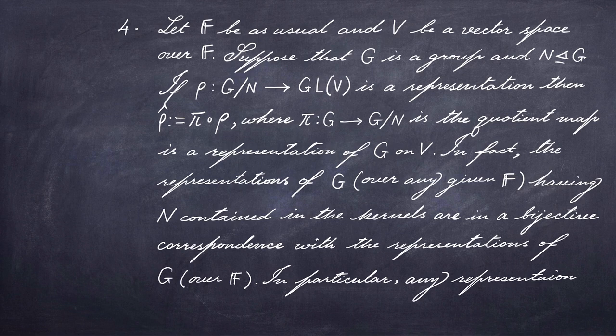Again, let me repeat: for any representation of G modulo N, if we compose that with pi, then we get a representation of G. And the second thing is, if a representation of G has N contained in its kernel, then since it factors through, the given representation of G is basically the composition of a representation of G modulo N with pi. So the representations of G having N inside the kernel and the representations of G modulo N are in bijective correspondence.